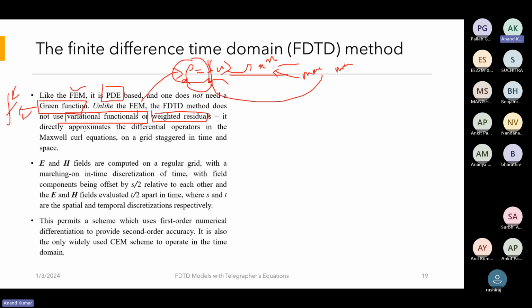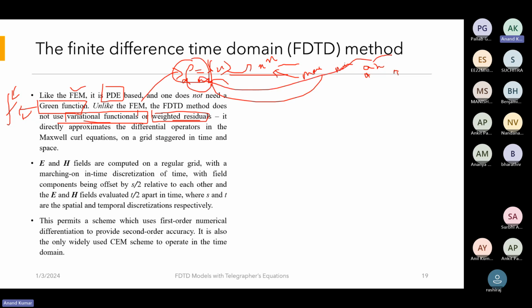This is how you use variational methods. Also, in weighted residuals, you have a polynomial with coefficients, and these coefficients have some weights.